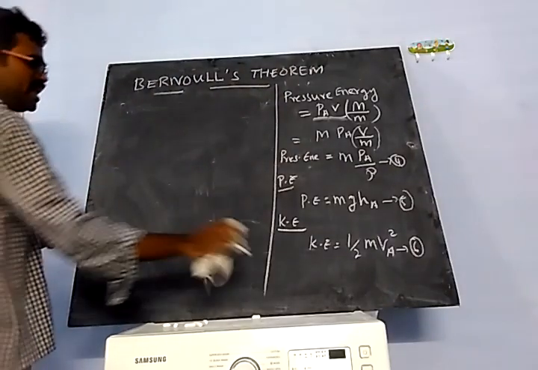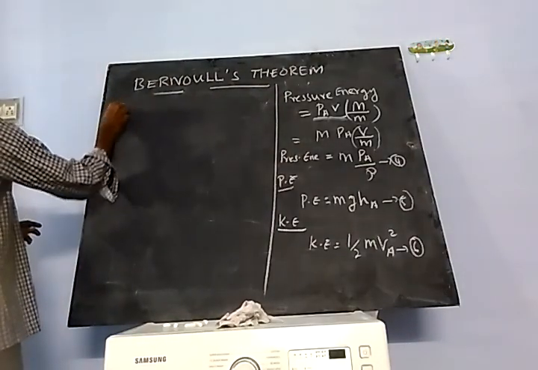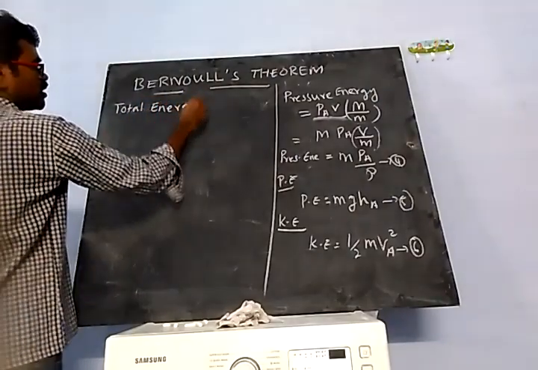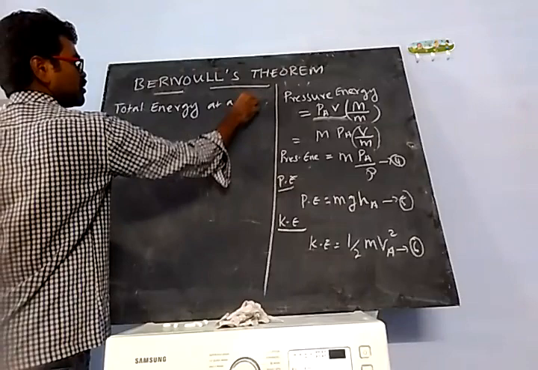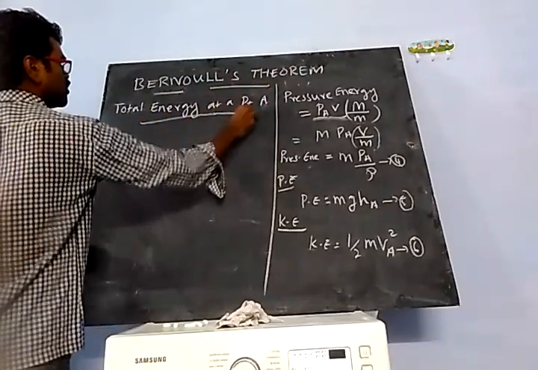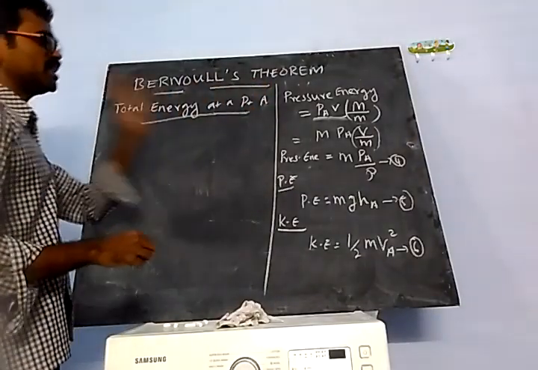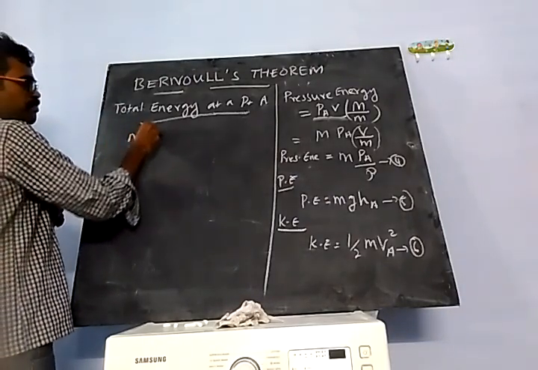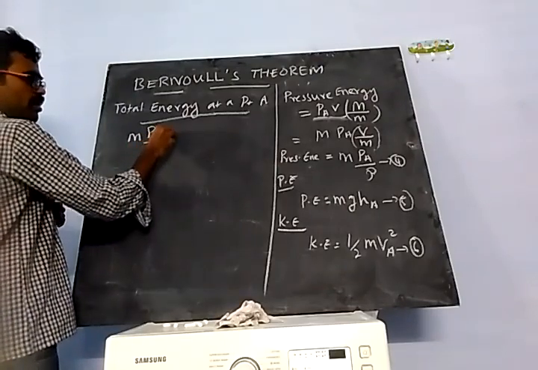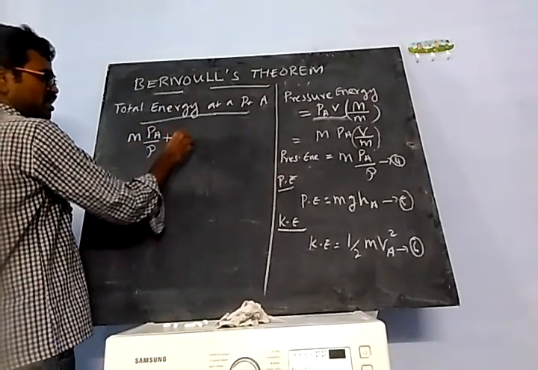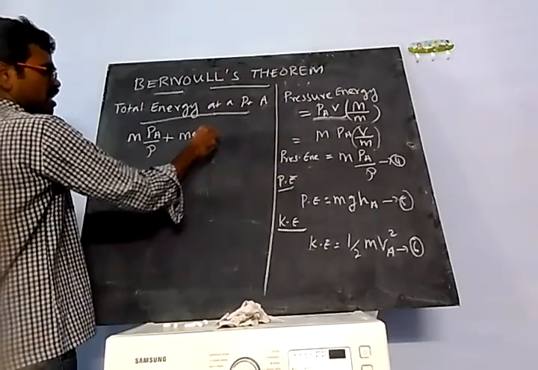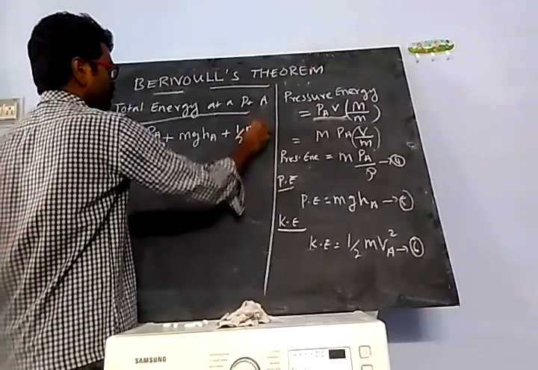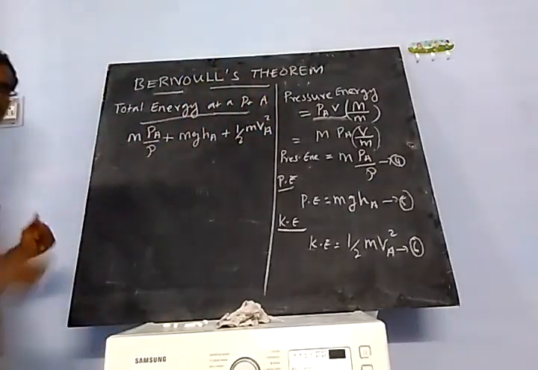So the total energy at point A is the pressure energy, m P_A by rho, plus the potential energy, m g h_A, plus the kinetic energy, half m v_A squared.